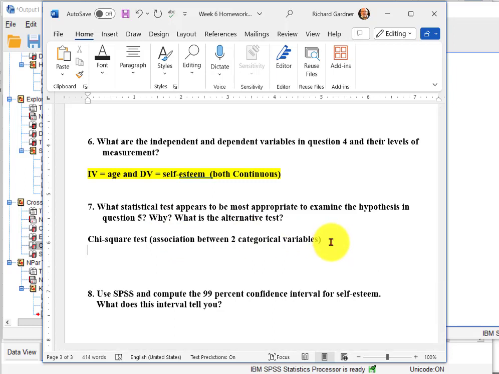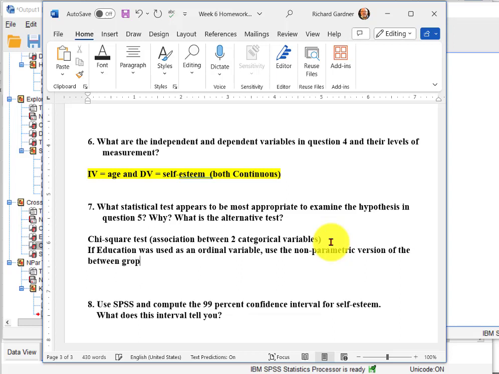If your education was used as an ordinal variable, you would use the non-parametric version of the between-group ANOVA, which I know you guys don't like already.